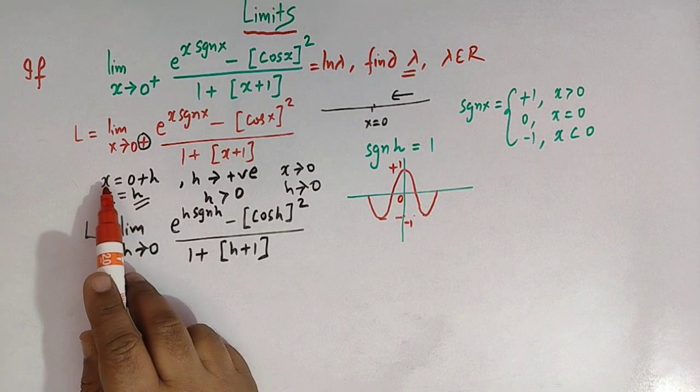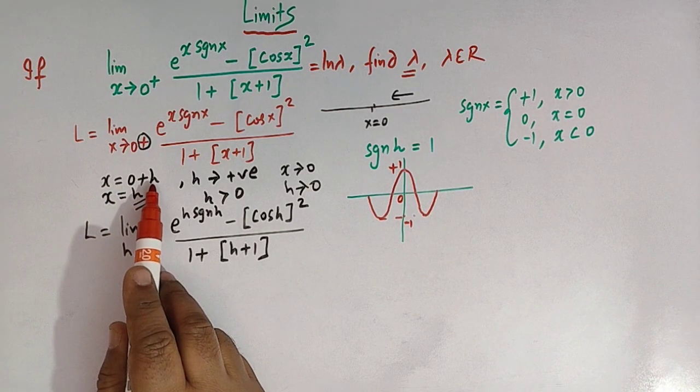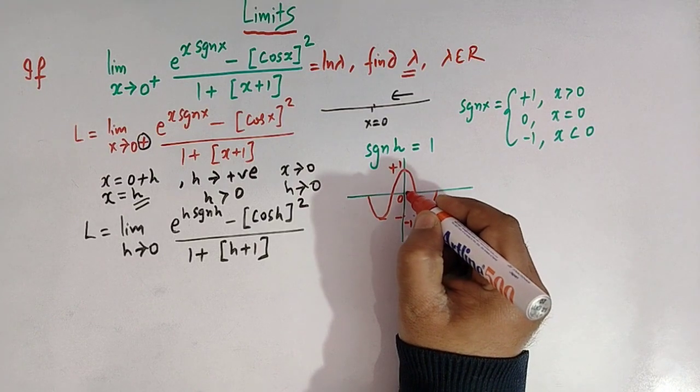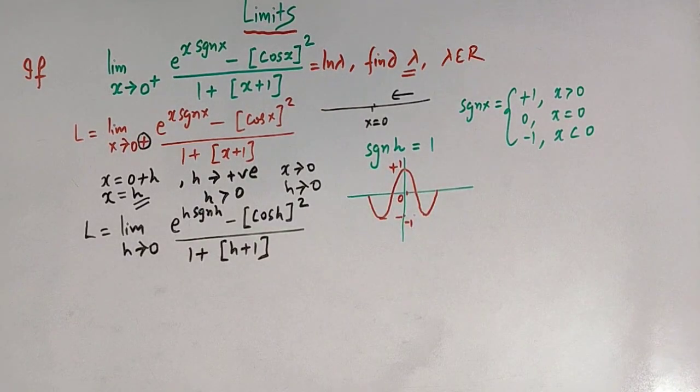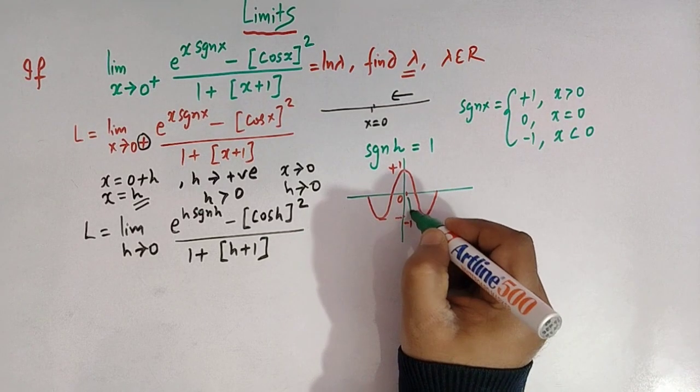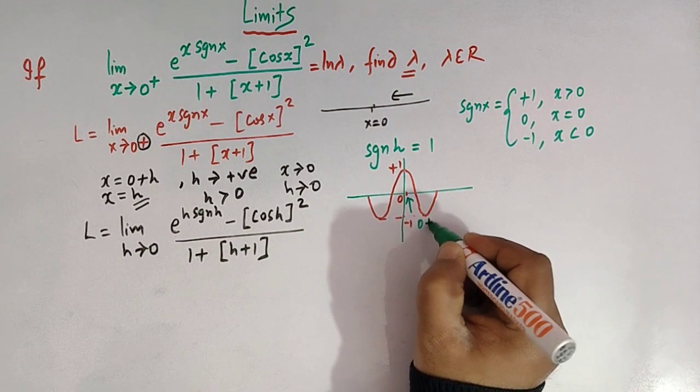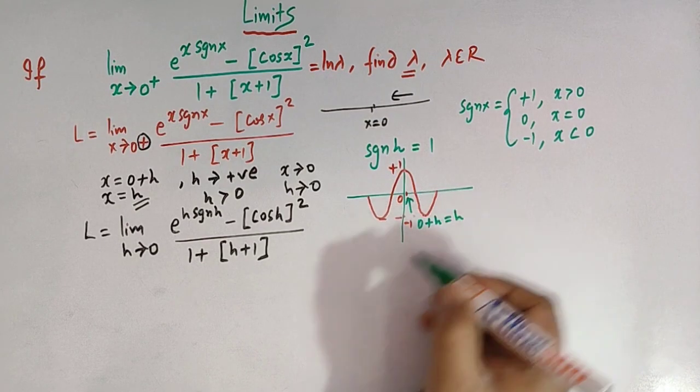So when we have x is equal to 0 plus h, right? So here 0 plus h lies in the right neighborhood of x is equal to 0, right? And see, if we take this point as 0 plus h, that is h, right?